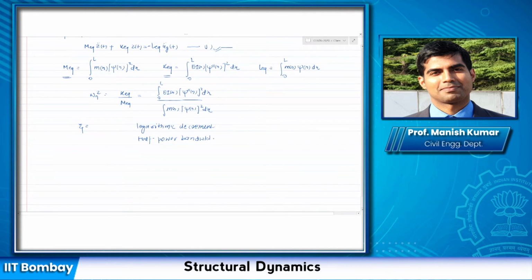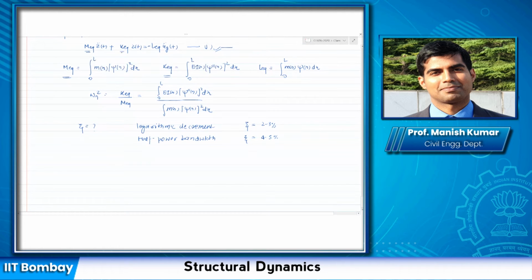For example, and this is a very approximate number, in reality it would be a little bit different, steel structures are said to have damping in the range of 2 to 3%. Concrete structures are said to be in the range of 4 to 5%, just an approximate value. So damping is given, and then this equation can be written including the effect of damping.